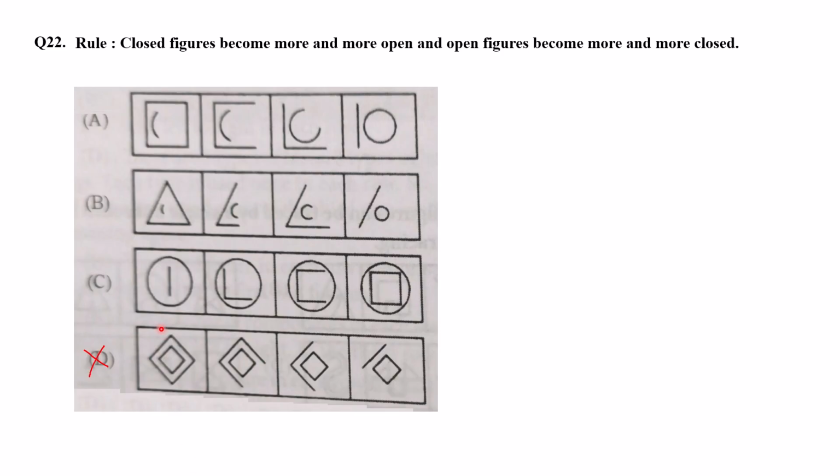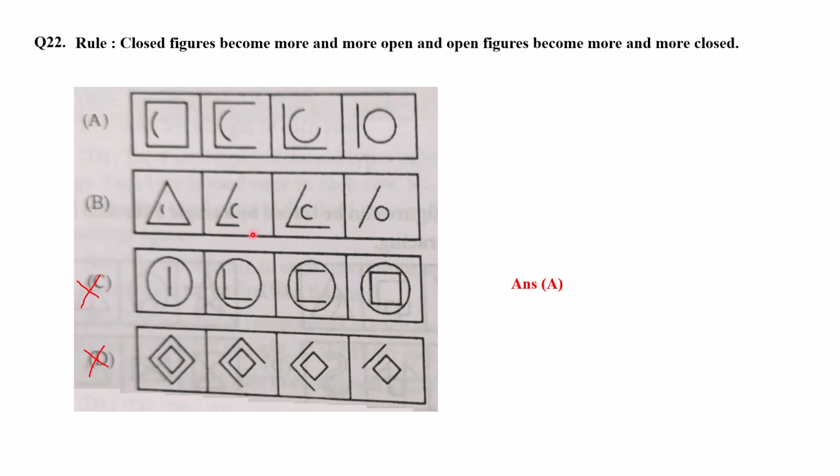Now moving to the C option, you see the circle should open, isn't it? What it says, the closed figure becomes more and more open, but it remains closed only. It is not opening. So this is also not the correct option. Now let's see the B part. Triangle, it is getting open, and this small curve, it is getting closed slowly. But if you see the second and third part, here it was more open, then here it becomes a little more closed.